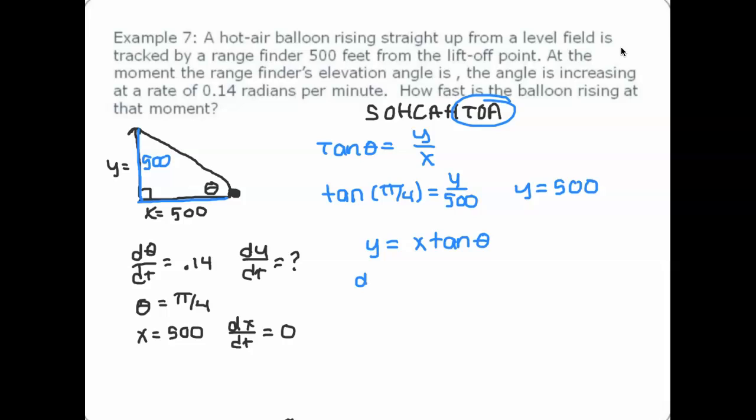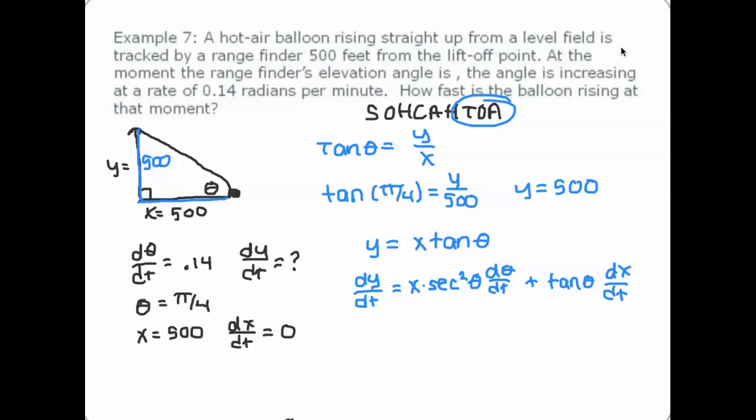Therefore, dy/dt, which is what we're looking for, is equal to the first, which is x, times the derivative of the second. The derivative of tangent is secant squared theta, d theta/dt, plus the second, which is tan theta, times the derivative of the first, and the derivative of x is dx/dt.